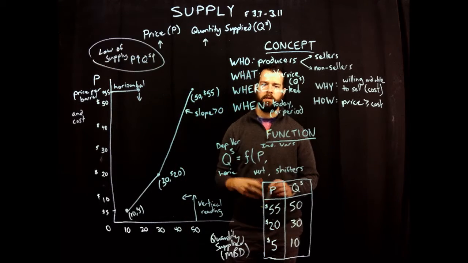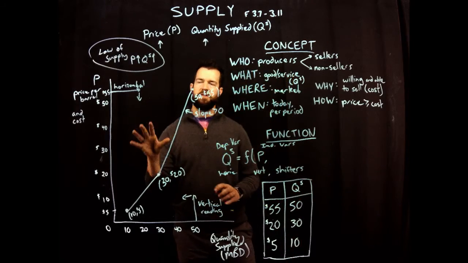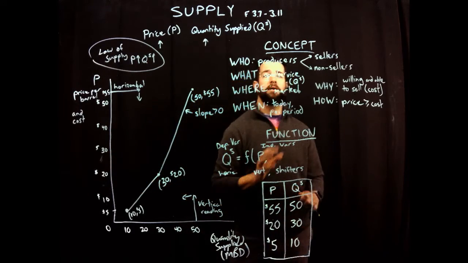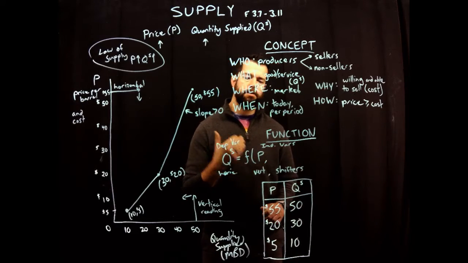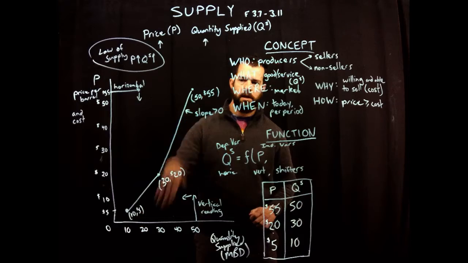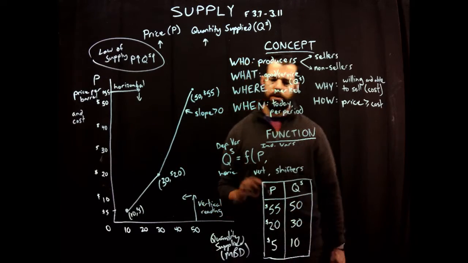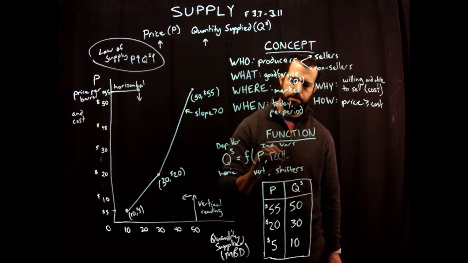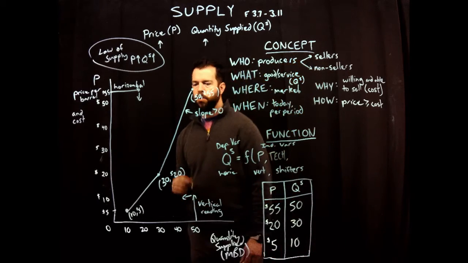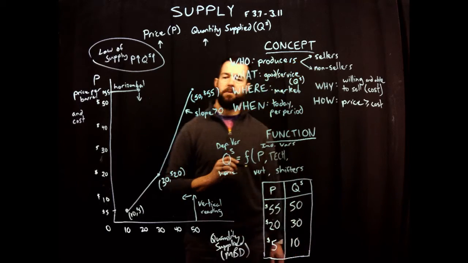All right. So let's talk about some shifters here. The law of supply is saying hold all other independent variables constant, but if one of those independent variables changes, we still want to represent this upward sloping supply curve, but we have to move it to another location. So if we have an improvement in technology, then we are willing and able to produce more at each and every price.